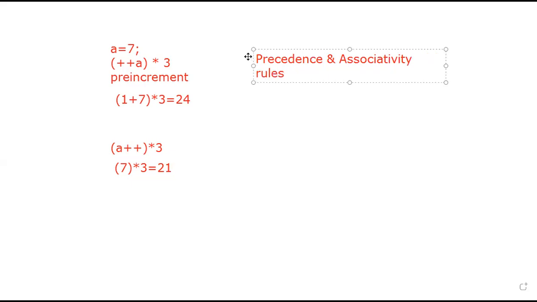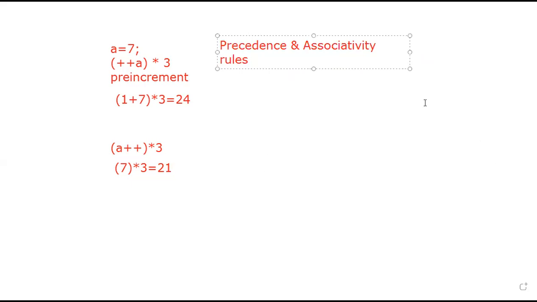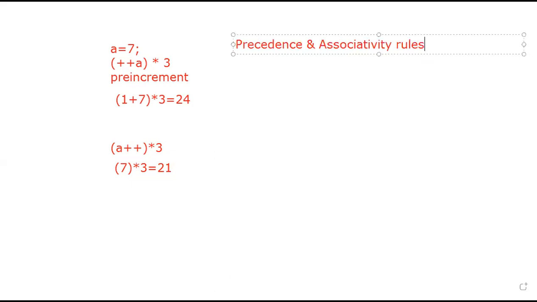When we know these rules, it becomes easy to evaluate numeric operators in every programming language, not only in JavaScript. Precedence and associativity rules are very important, right?